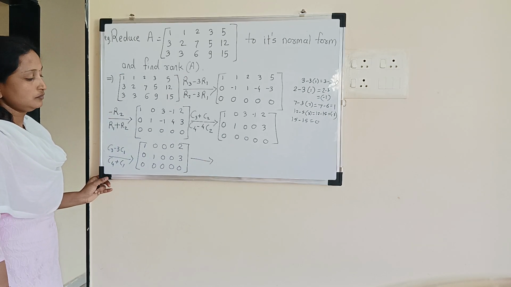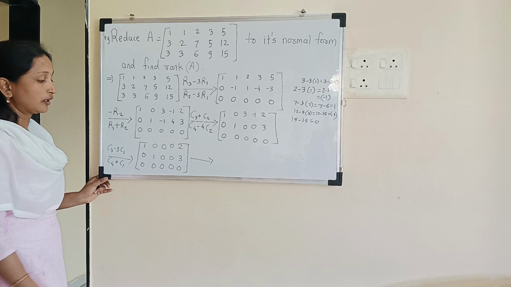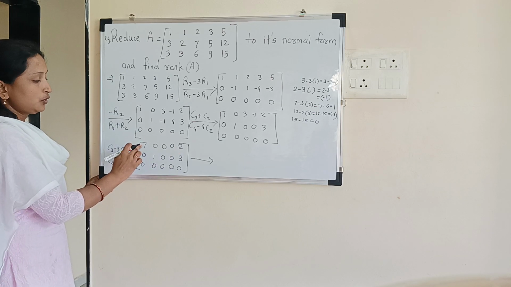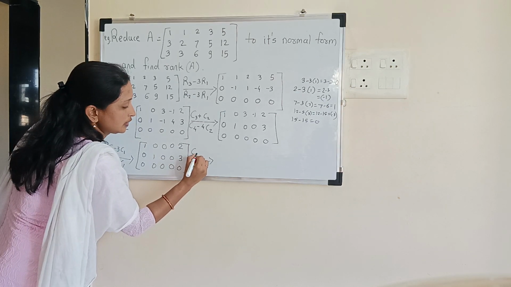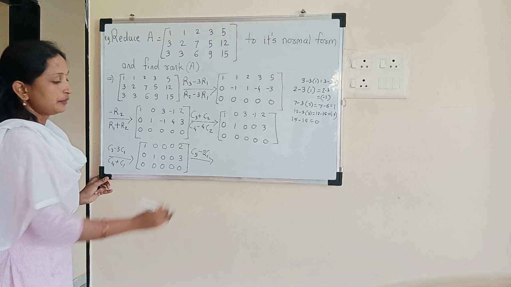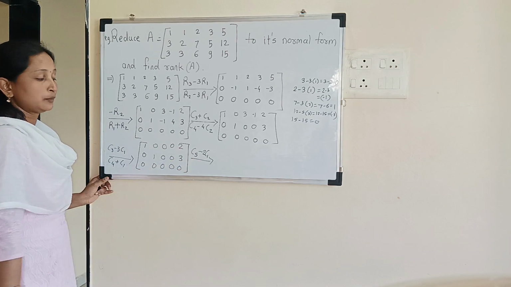Now you have to make 0 here and you have to make 0 here. So to make this entry 0, you can use C5 minus 2 times C1. Now simultaneously you cannot change C5 again by using one more column operation.